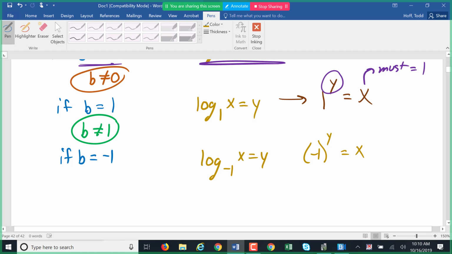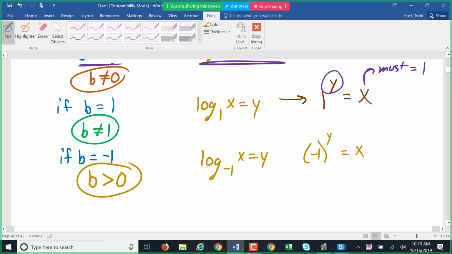In fact, for any negative value of b, we run into similar issues. We can't have decimal powers, because you can't take an even root of a negative number. So we do not allow b to be less than 0. So b has to be greater than 0.